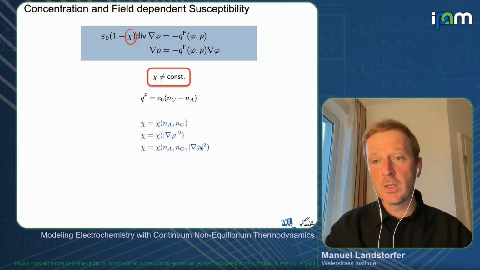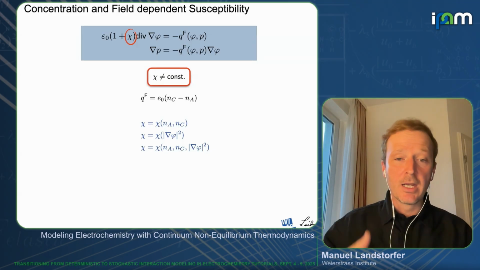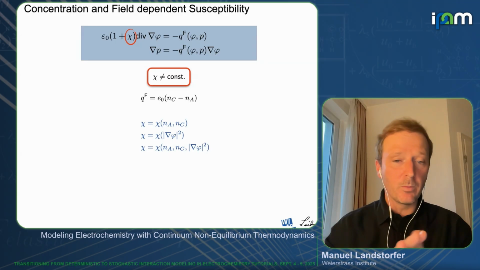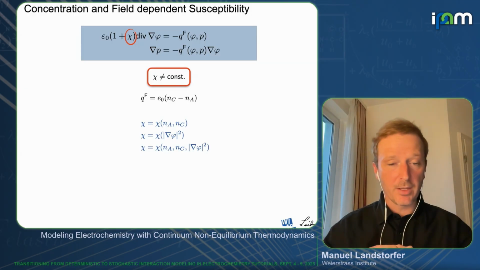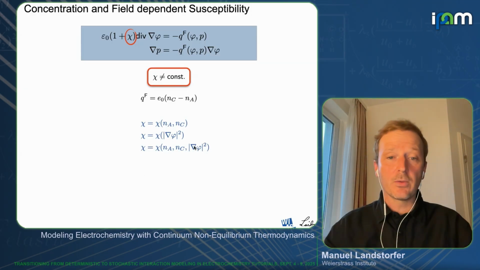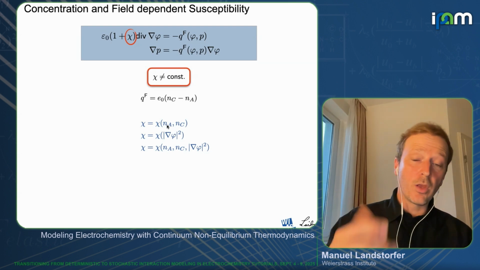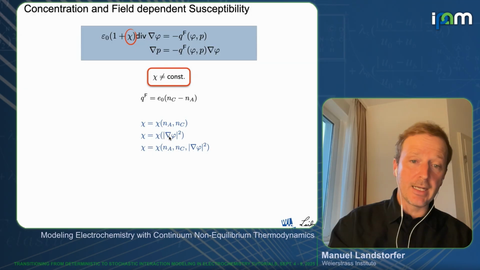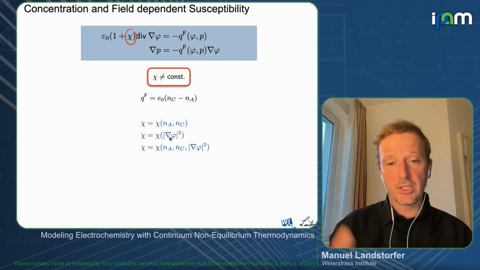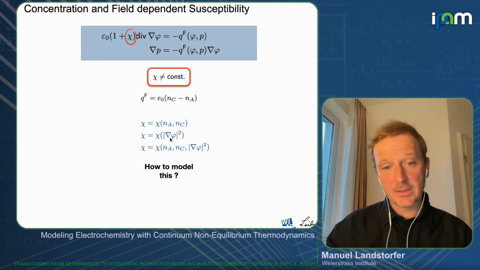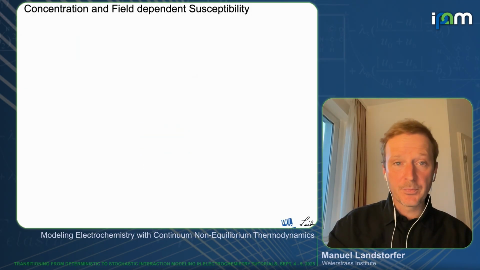From a thermodynamic point of view, it's not really interesting to consider just a spatial dependency, because whenever we talk about fields, we want to ensure to have something like Lorentz invariance and so on. So there's not really a spatial dependency, but it always depends just on thermodynamic quantities such as concentrations and electric fields. You can also have a temperature dependency, of course, but I'm sticking here to these three main aspects. The question is how to model this.